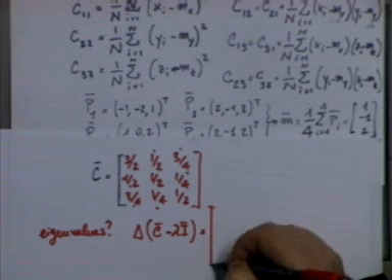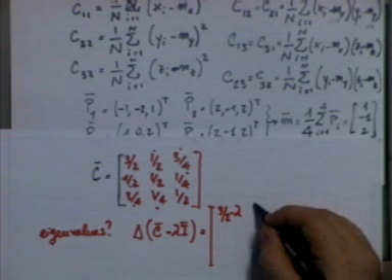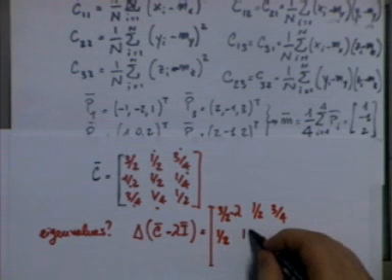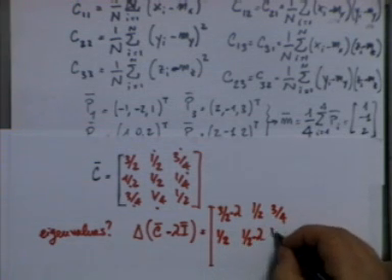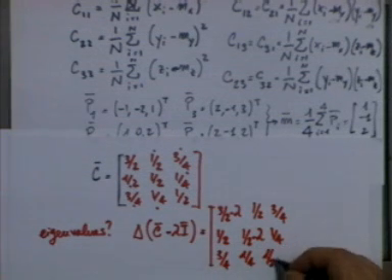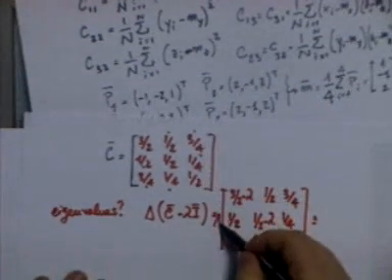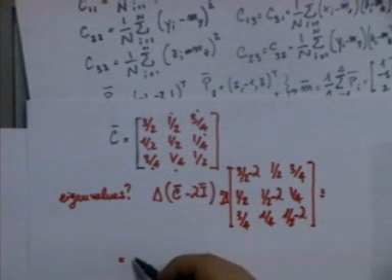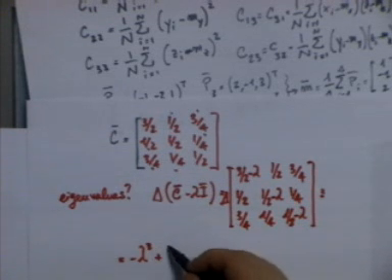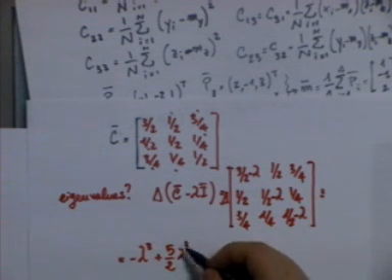If you do this, you have to find the determinant of this matrix. The determinant of this matrix is the characteristic polynomial. Being a 3 by 3, the characteristic polynomial will be of the third degree. How many roots will it have? At least 3.